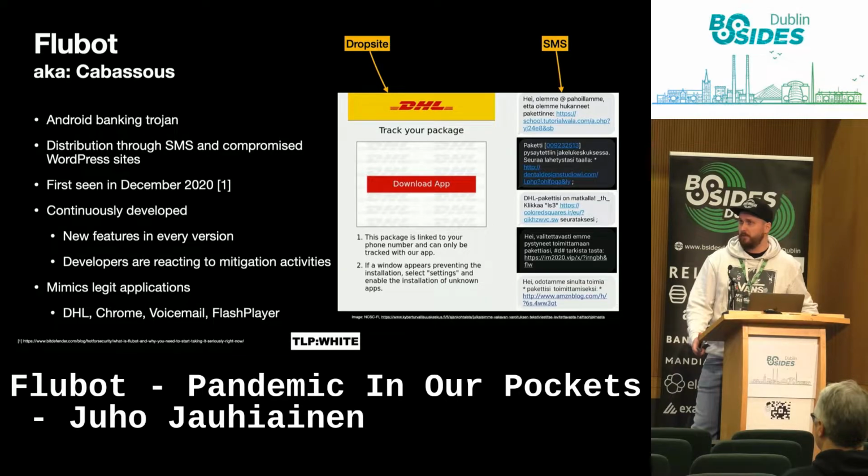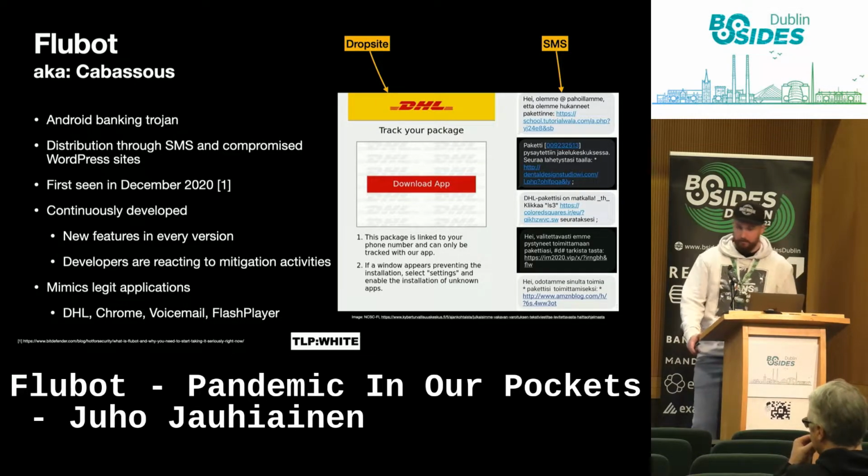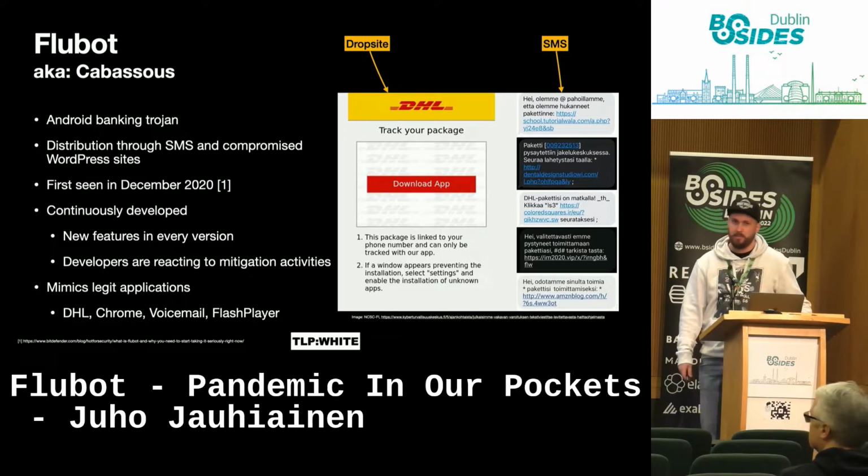Finland has 5.5 million people living there, and millions of SMS messages were delivered in a day. Everyone was getting those, and those were headlines in the news: did you get this kind of SMS? Don't click the message and download the APK.